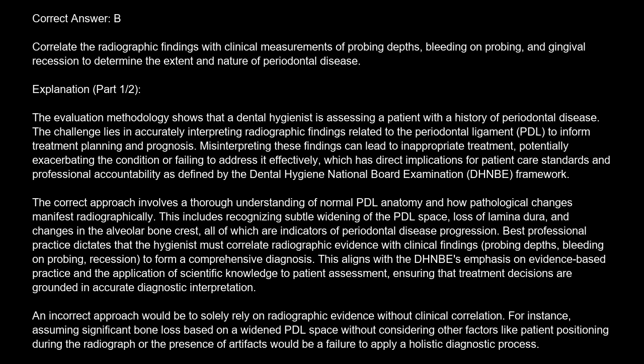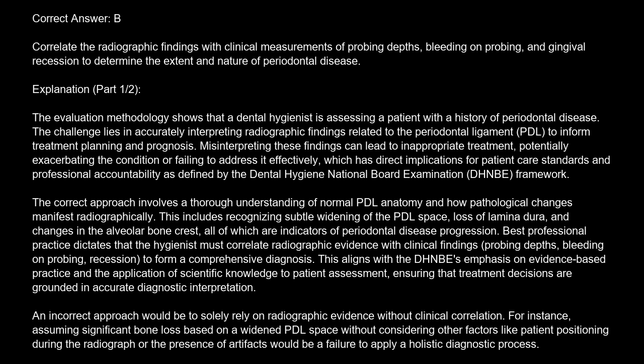The correct approach involves a thorough understanding of normal PDL anatomy and how pathological changes manifest radiographically. This includes recognizing subtle widening of the PDL space, loss of lamina dura, and changes in the alveolar bone crest, all of which are indicators of periodontal disease progression.